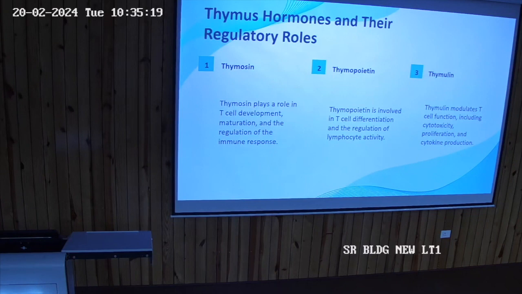What happens to the lymphocyte after it passes this positive selection from the thymus gland? After the T precursor lymphocyte passes the selection criteria, and if they are in the positive selection criteria, what will happen to these T lymphocytes?